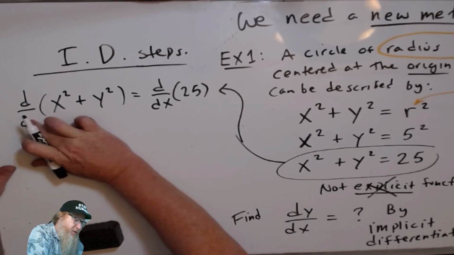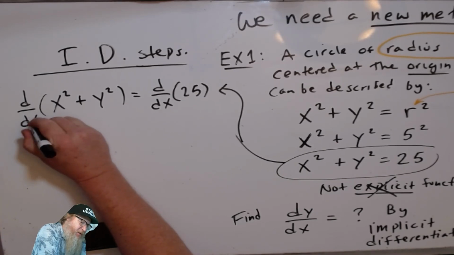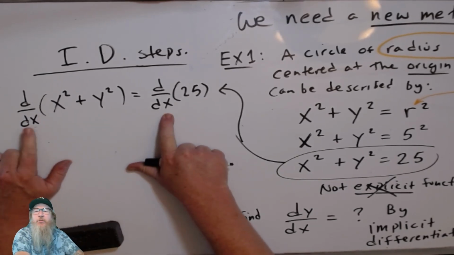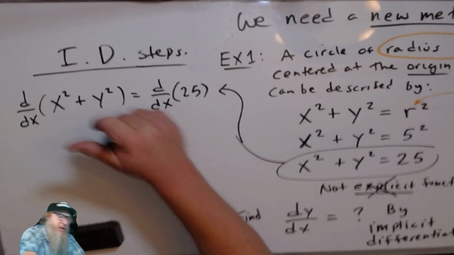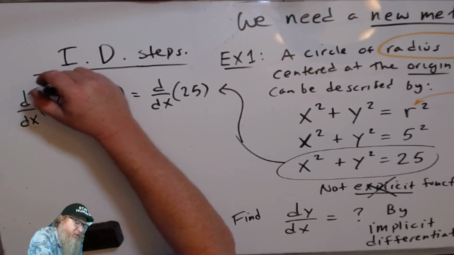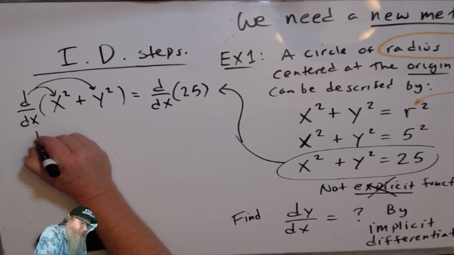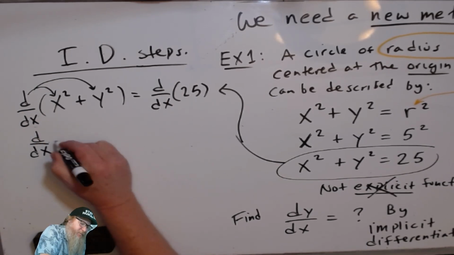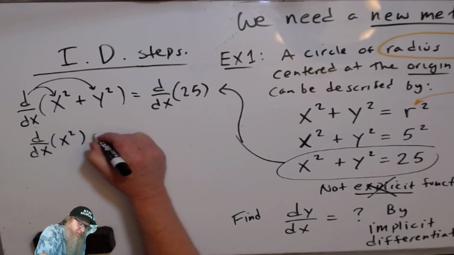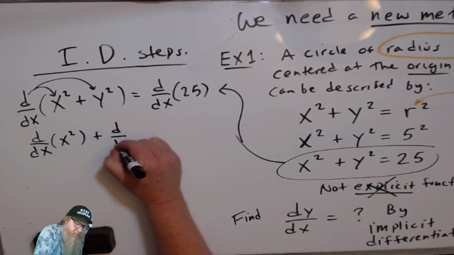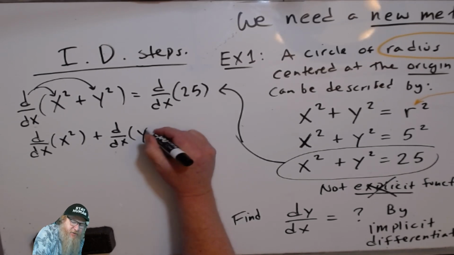Now watch how this works. This takes very close eye. We are taking the derivative with respect to x. Okay. So we're going to distribute the derivative to each term. We'll get into factors later in this video.